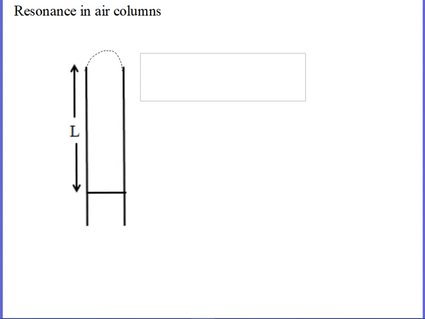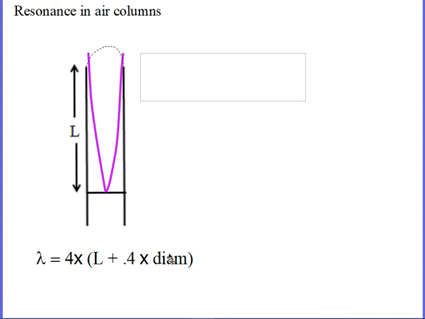And what we are going to do is come up with an empirical value that it appears that that reflection happens at 4/10 the diameter of the tube. And so the wavelength here, well, that's just a quarter of a wave that I've drawn, so we're going to multiply that by 4 if we want to get to the wavelength. But the thing we're going to multiply by 4 is L plus this end correction of 4/10 the diameter.